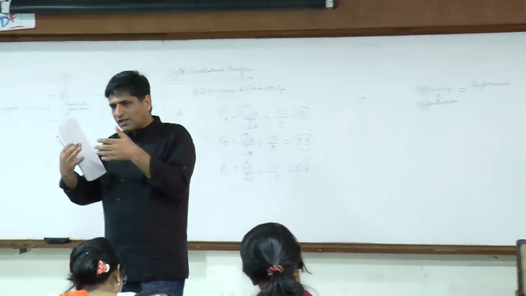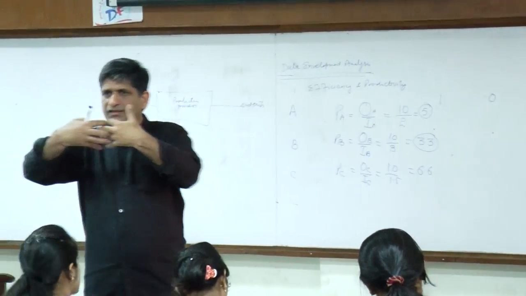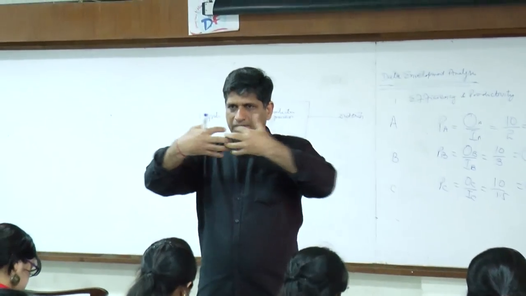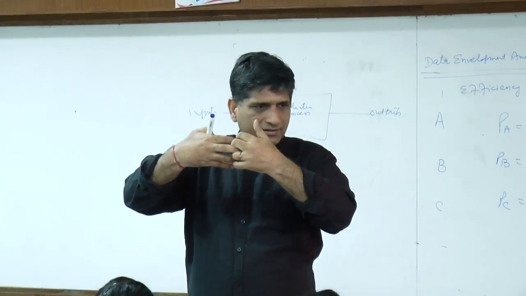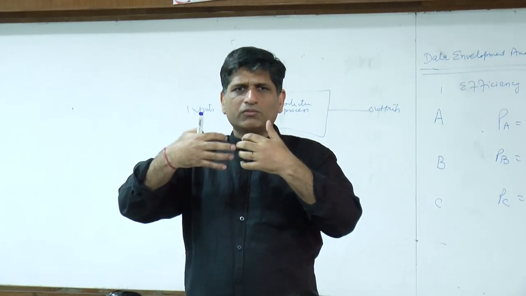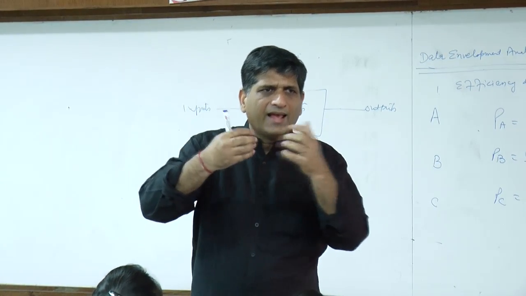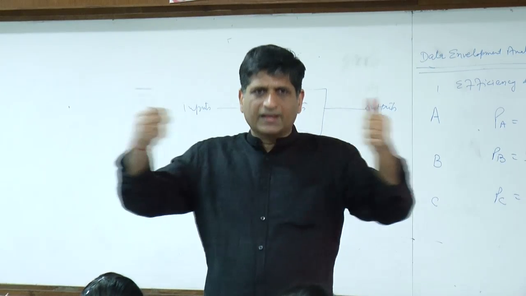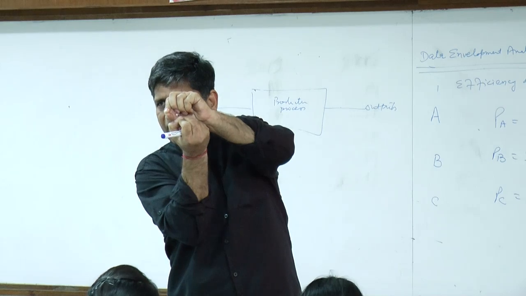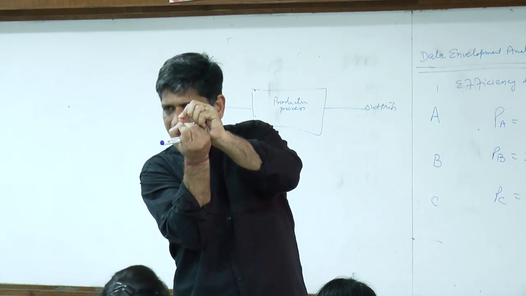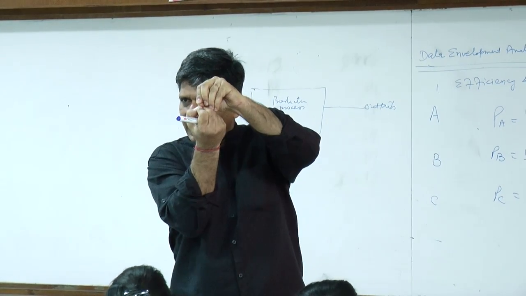Multiplicative means something is interactive with the other thing. It is not as easy to decompose. Some component of efficiency may affect the effectiveness, and something of effectiveness may affect the efficiency.